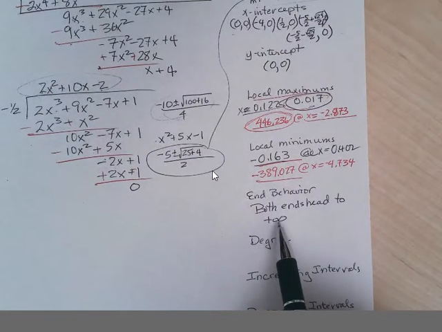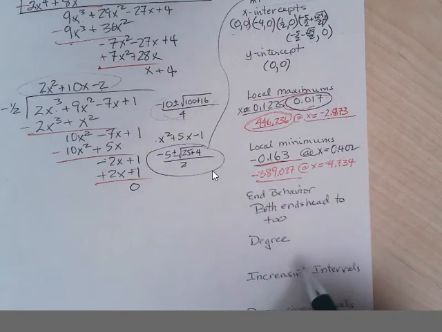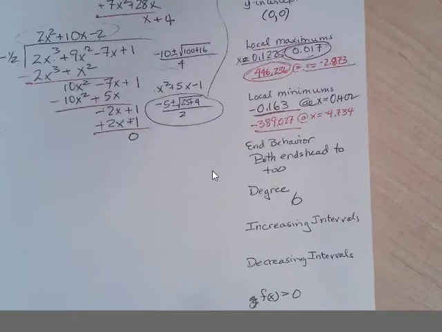If they were opposite, I'd say maybe the right end goes up, and the left end goes to negative infinity, or something like that. Degree was 6. We said that already.